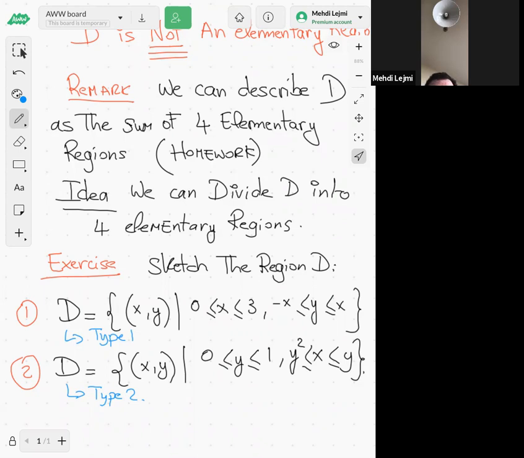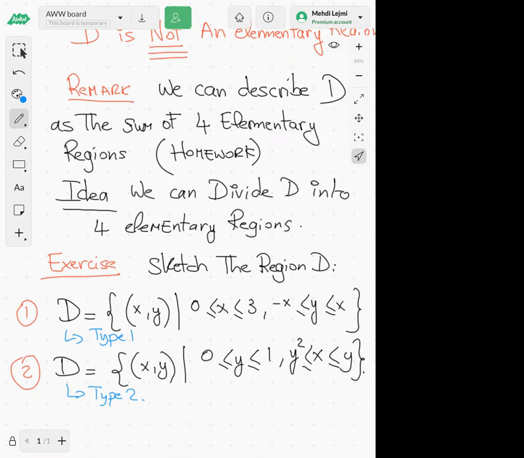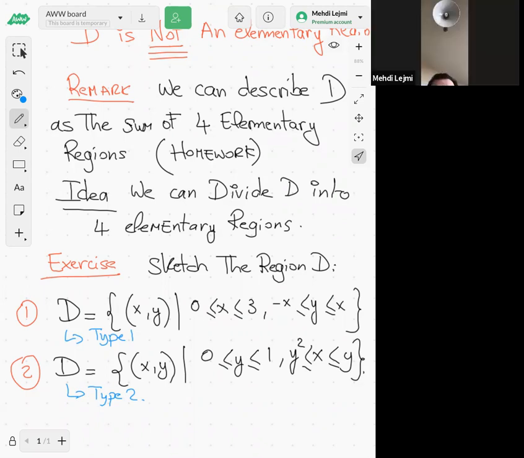So any guess what will be the shape of the first? It will be a triangle. Yes, absolutely. Thank you.